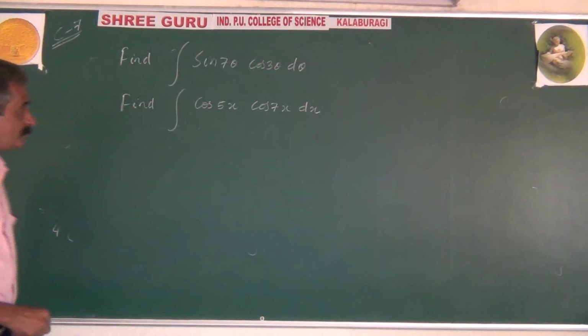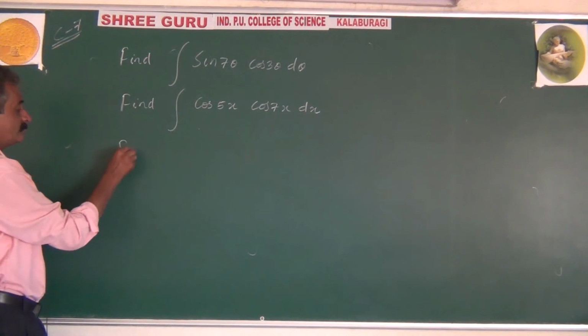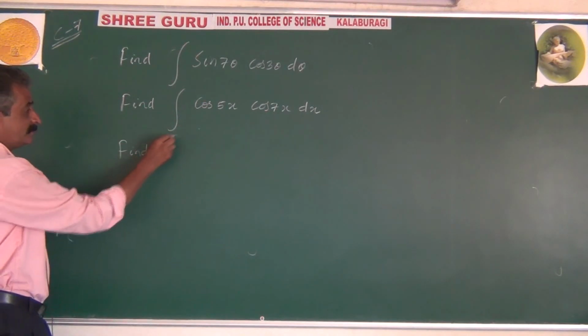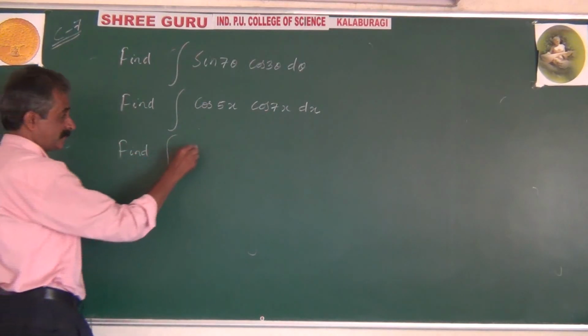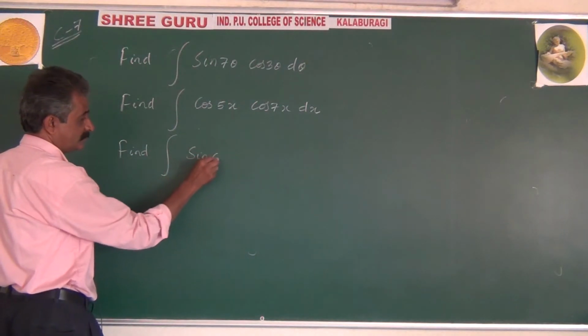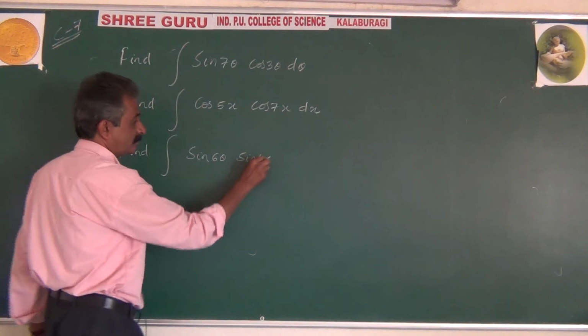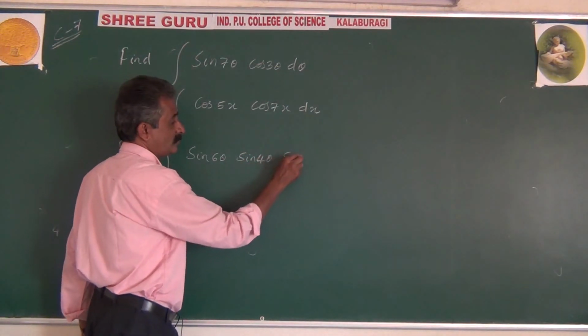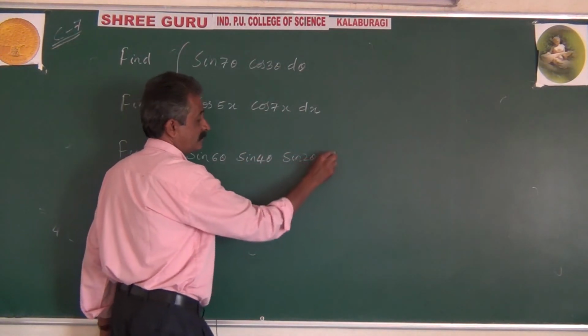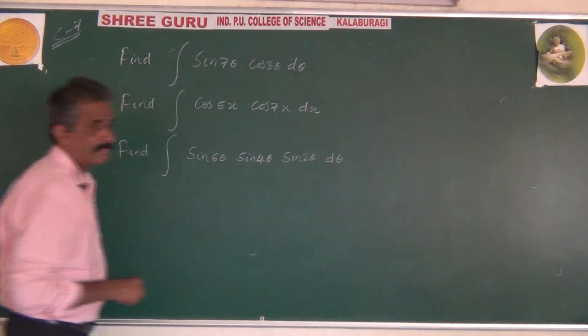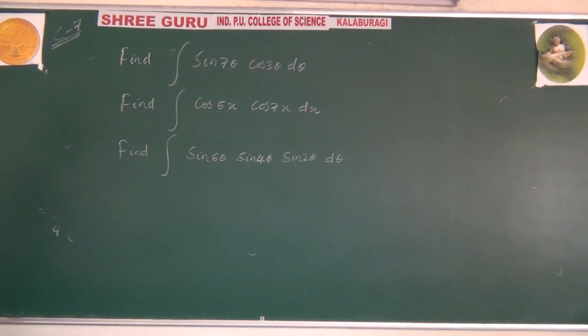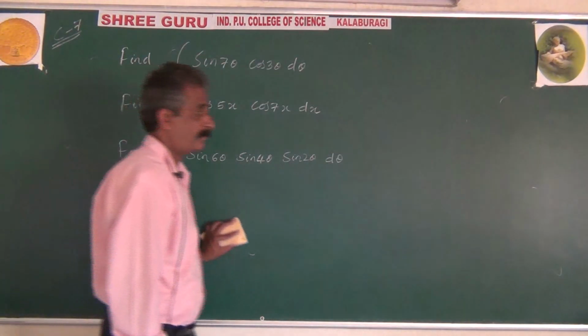Here cos a plus b formula. Find or evaluate integration of sin 6 theta into sin 4 theta into sin 2 theta d theta. So you try these 3 yourself, just like the last problems.